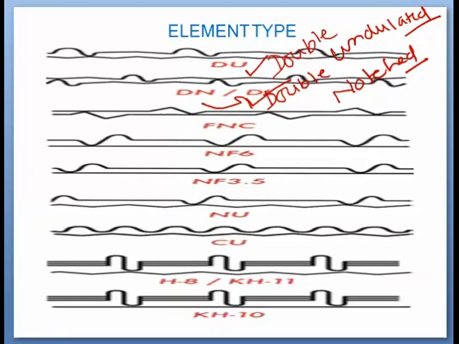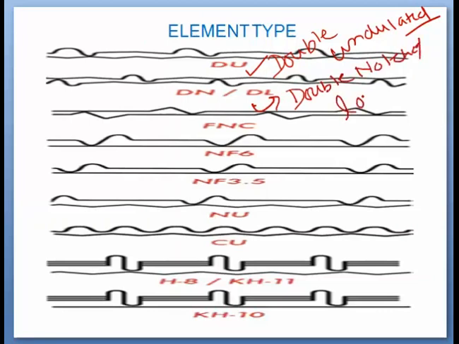Then comes the DL type of elements. This is known as double notched loose packed. So DL represents double notched loose packed. It also offers better cleanability.